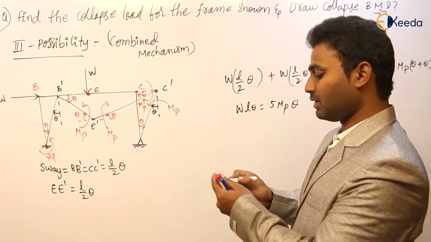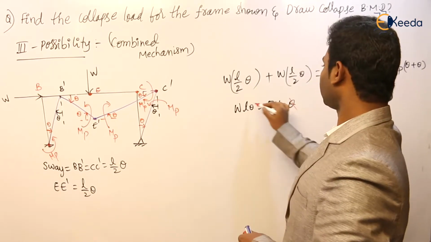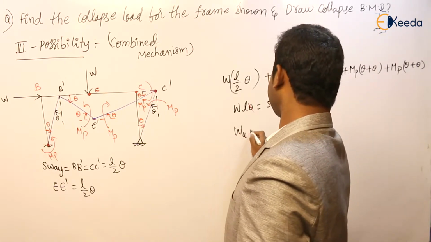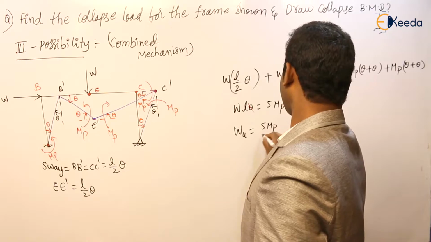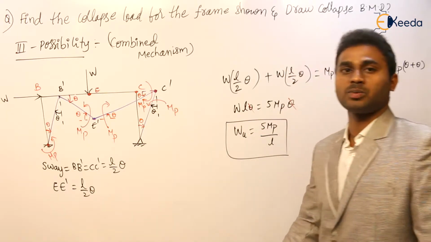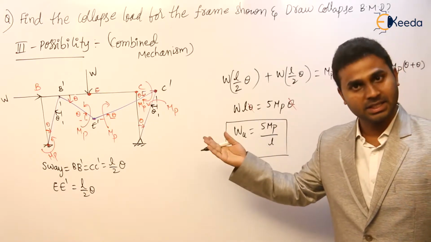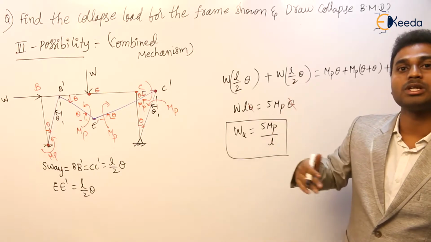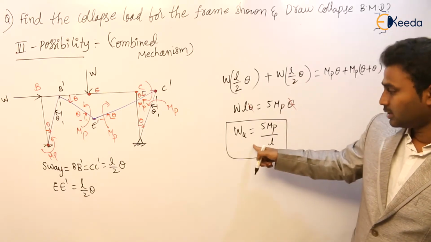Now theta will get cancelled and we are left with the collapse load, which is 5 MP by L. Now if you see the three possibilities: first is the beam mechanism, next is the sway mechanism, third is the combined mechanism. Out of all these three possibilities, where did we get the least load? In the combined mechanism.